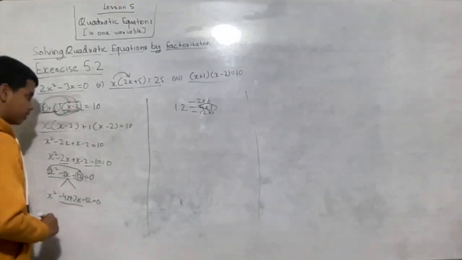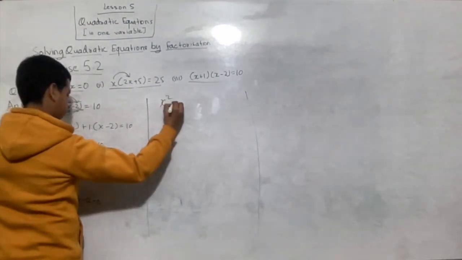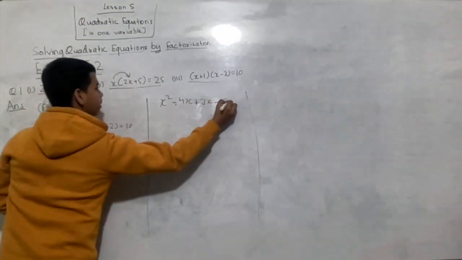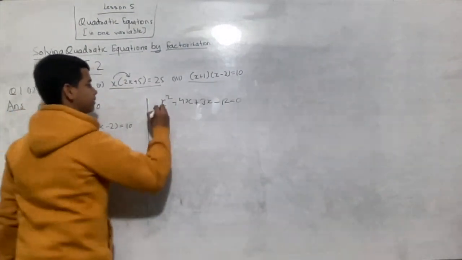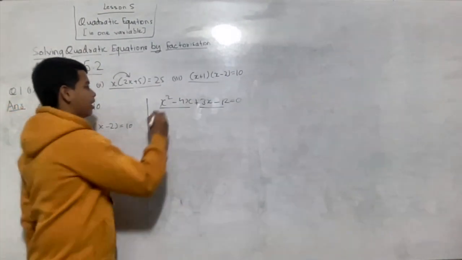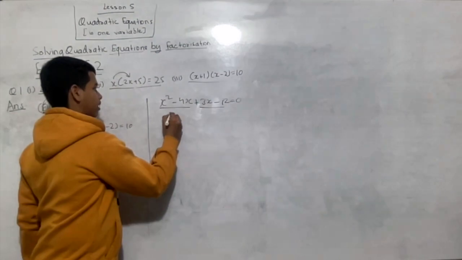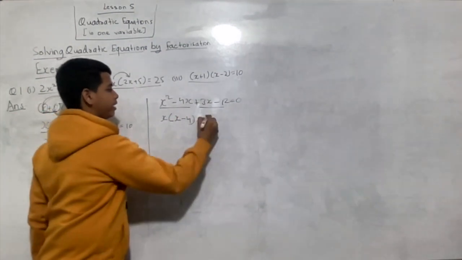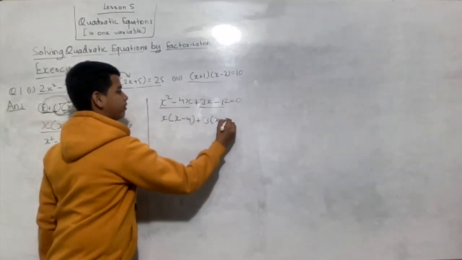Now we can write it again here: x square minus 4x plus 3x minus 12 is equal to 0. Now we can take these two and these two and factorize them like we did in the previous question. Here what is common? x. So x minus 4, plus here what is common? 3, so plus 3 into x minus 4.